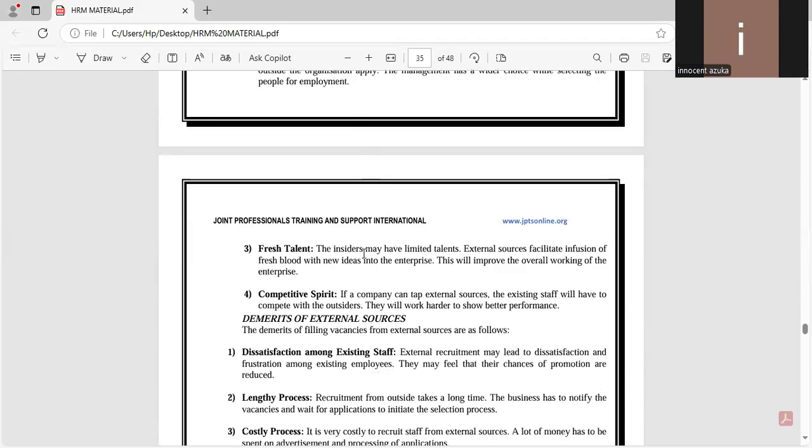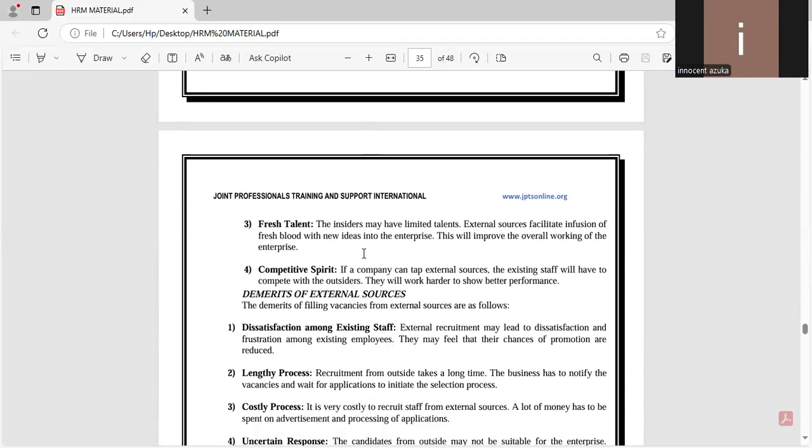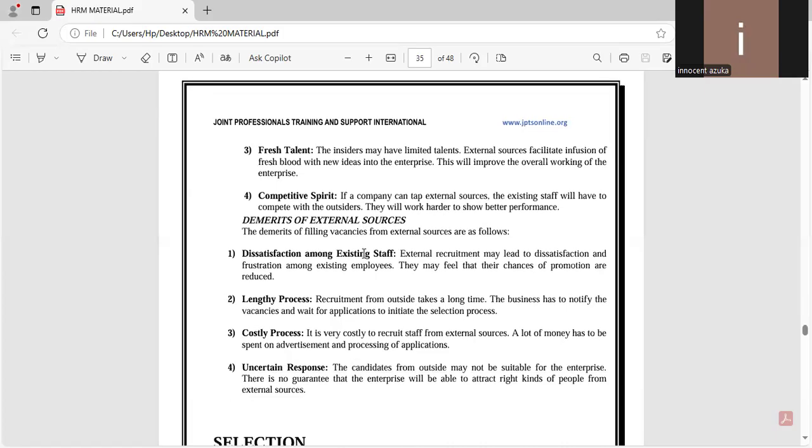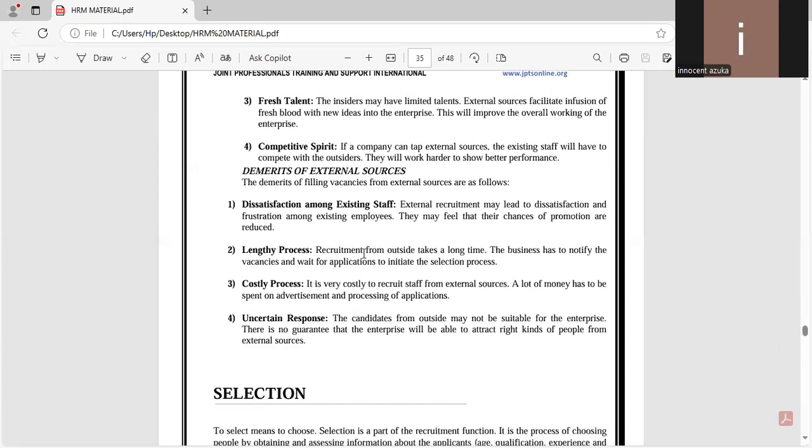The demerits of external sources: dissatisfaction among the existing staff, a lengthy process, a costly process, and uncertain response.